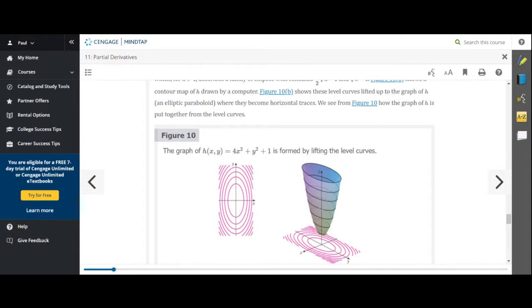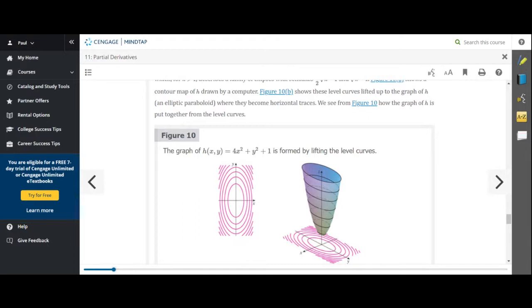And that faster growing behavior corresponds to these contours in the contour plot getting closer together. Do you see that? As you move away from the origin, the surface gets steeper and steeper, and so the contours get closer together.